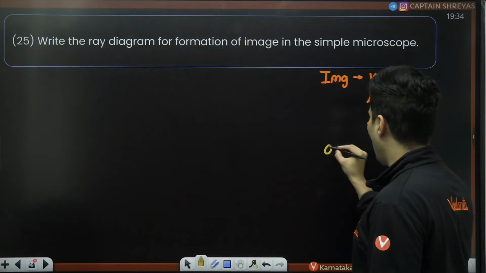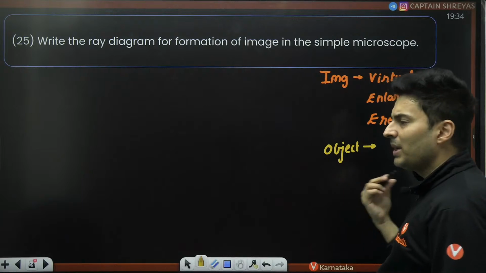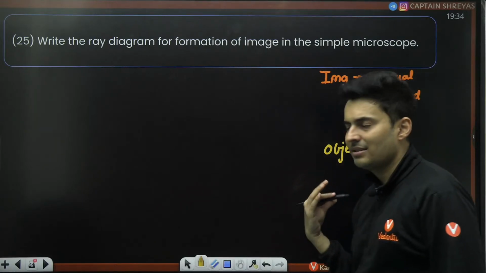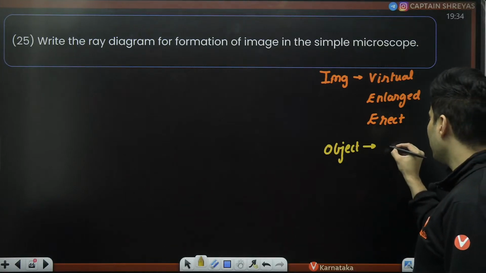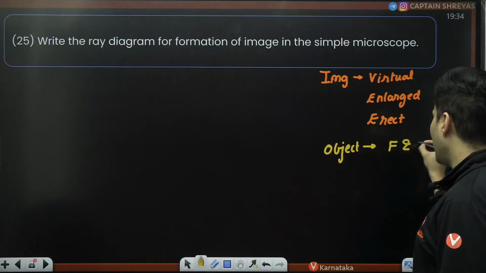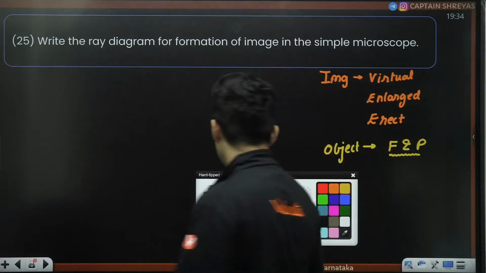And in this case, where will you place the object for a convex lens so that these kinds of images are formed? It will be between the focus and the pole. That is where that object will be.